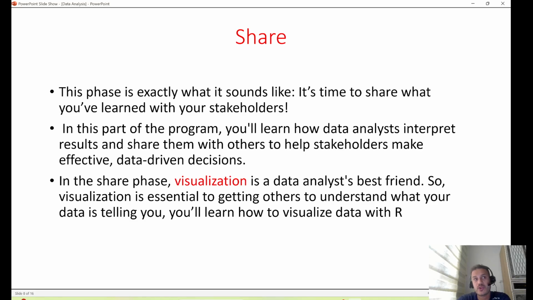And the share process is where you share. So you do the analysis and then you have to do the visualization. It's the most powerful tool for data analysis, where you visualize your data. You transform it from numbers to charts. Charts are easy to understand and easy for looking at trends. We'll also use Tableau or Power BI to visualize our data.